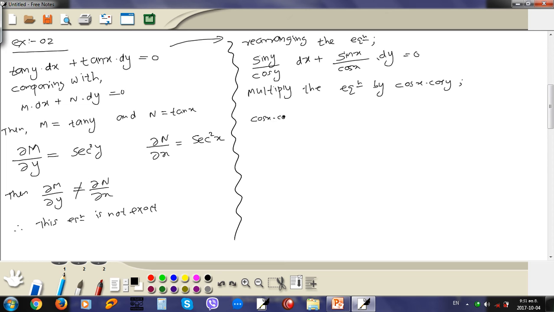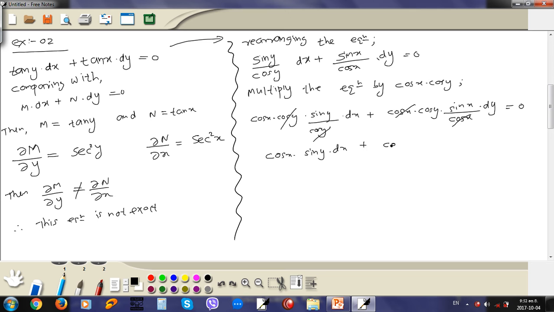Cos x cos y times sin y over cos y times dx plus cos x cos y times sin x over cos x times dy equals 0. So cos y and cos y cancel, cos x and cos x cancel, then it becomes cos x sin y dx plus cos y sin x dy equals 0.